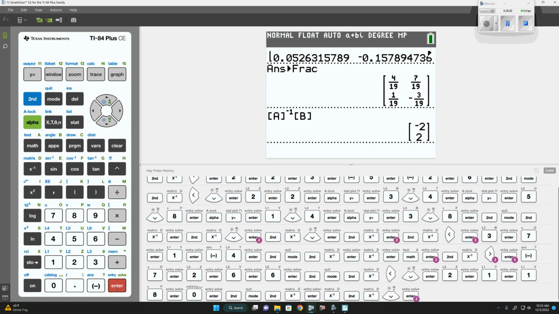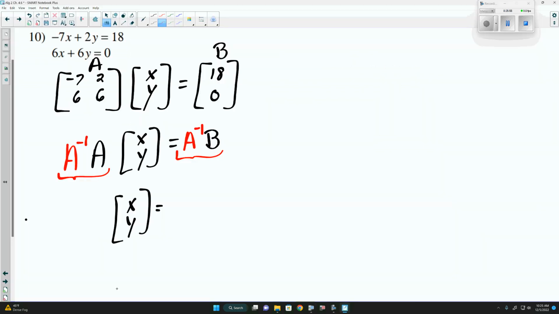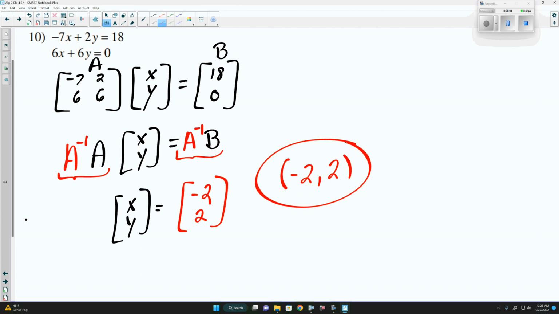It gives us this here, negative 2, 2. So our solution is the point, negative 2, 2. And that's it. And that's all we have to do.